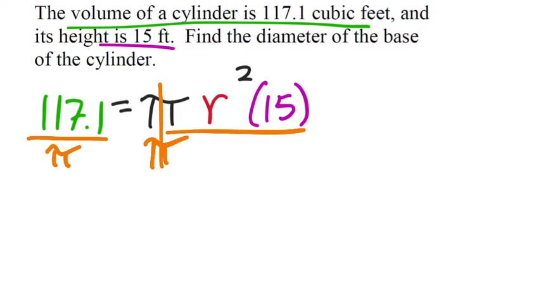All right? So then I'm left with r to the power of 2 times 15. And yeah, that became a phantom 1. So I'm going to put 117.1 divided by pi in my calculator. You can use the n over d button. You should get the same answer either way. I get 37.274. So I'm going to start rounding that right now to the nearest tenth.